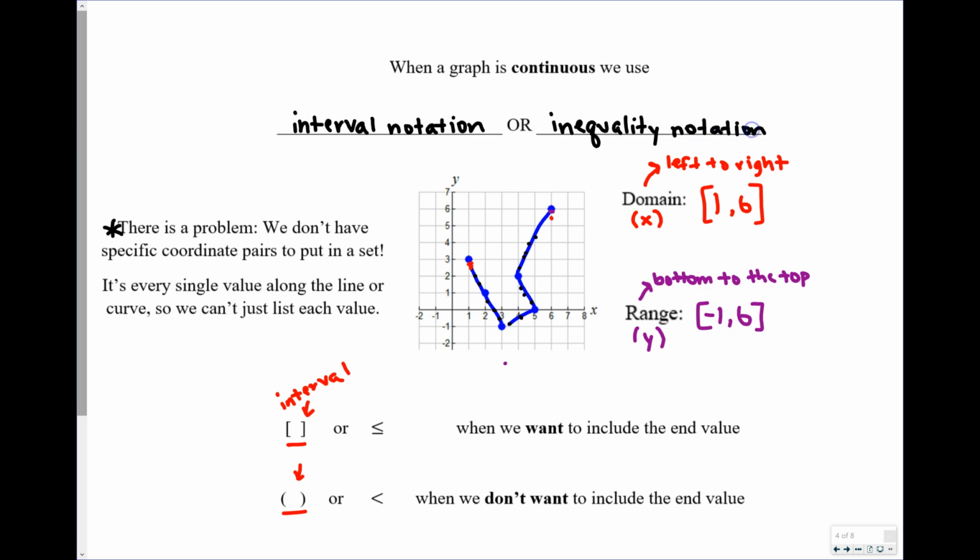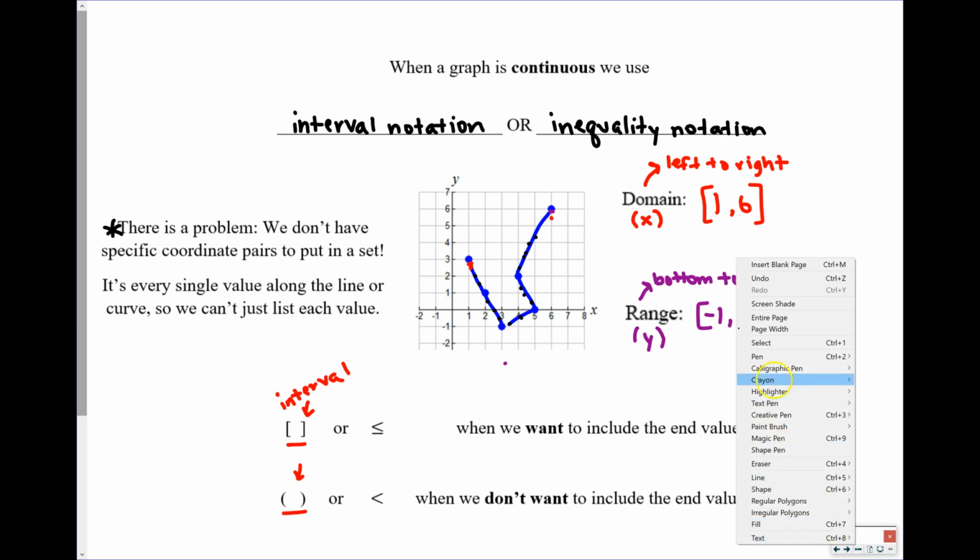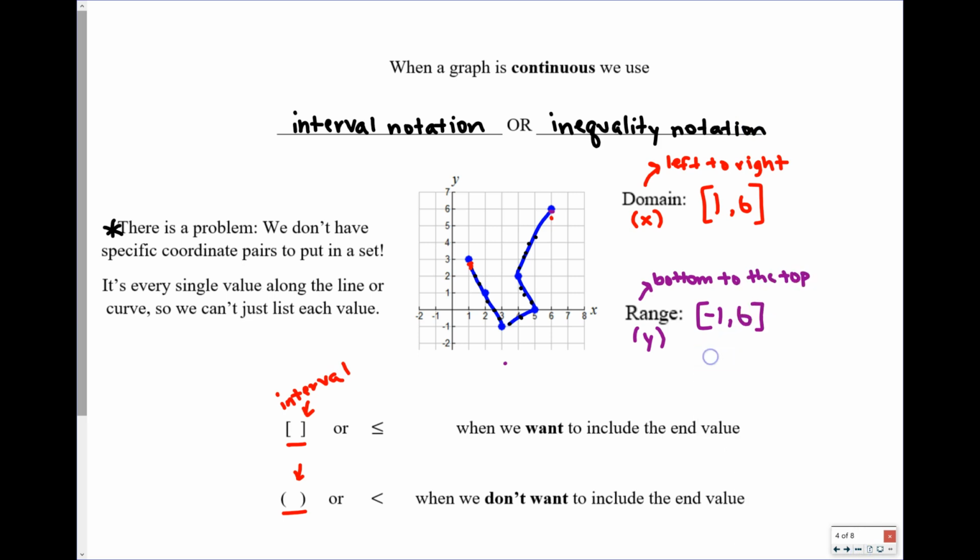So inequality notation looks very much like lesson 3.4. Remember in lesson 3.4 we had graphs that looked like this, and then you make a line and then an arrow, like a parenthesis and a bracket here. Those are what your graphs look like.